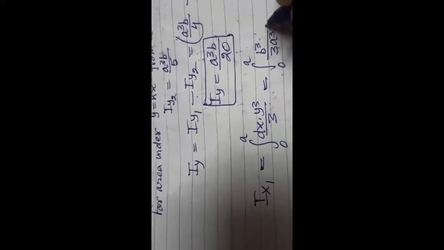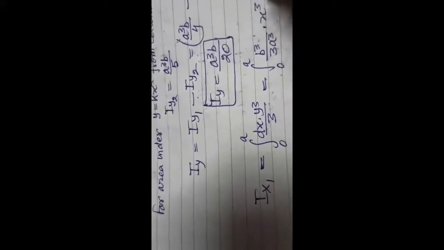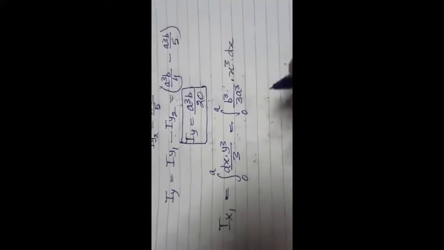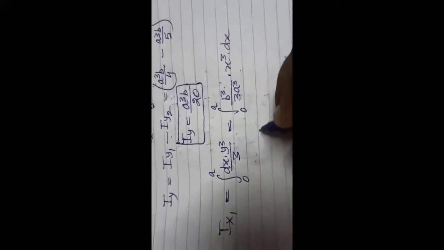On putting the limits and integrating between 0 to a, in place of y we put the value (b/a)x. So on putting this, 0 to a, and b³/(3a³) times x³ dx.